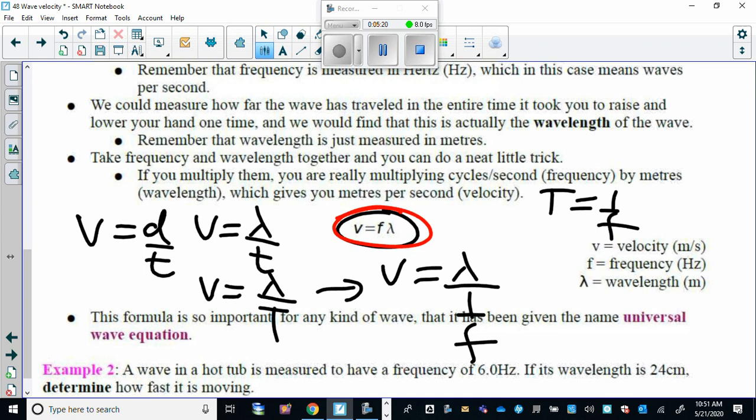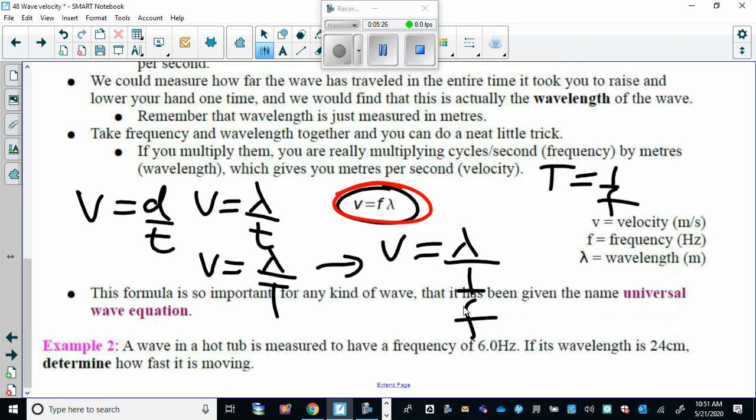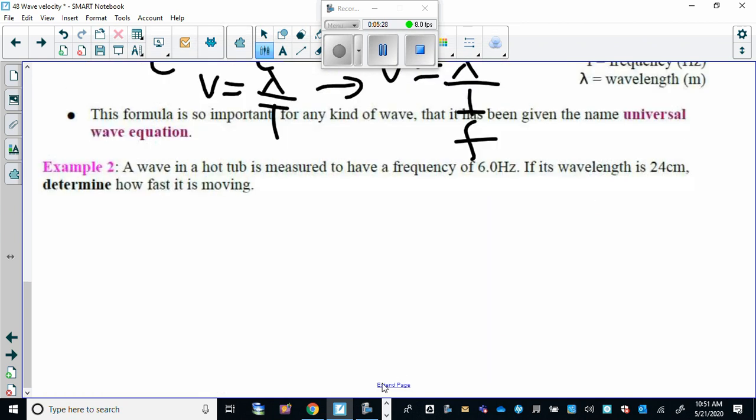And this is called the universal wave equation. Why? Because it works for all waves in the universe. And it's the most important one of this unit by far.